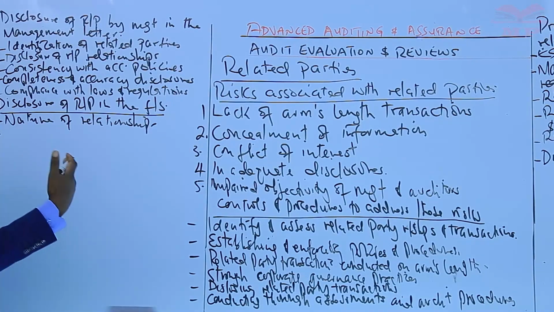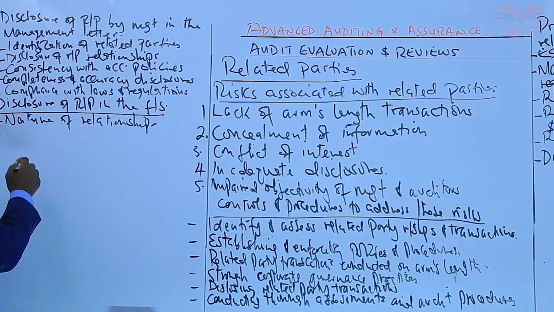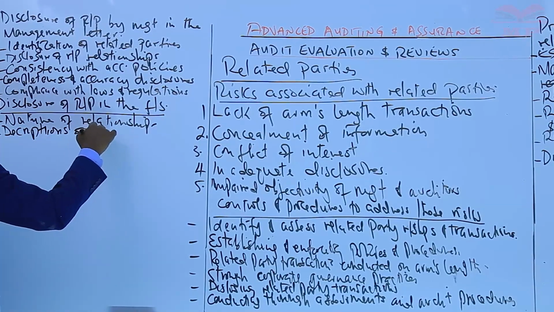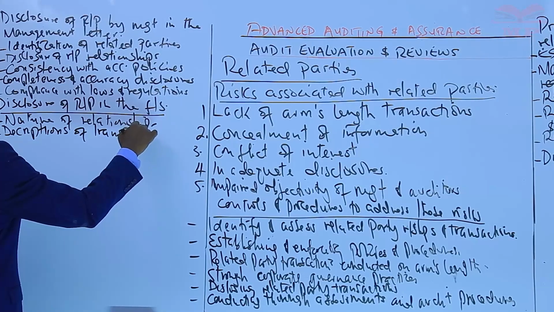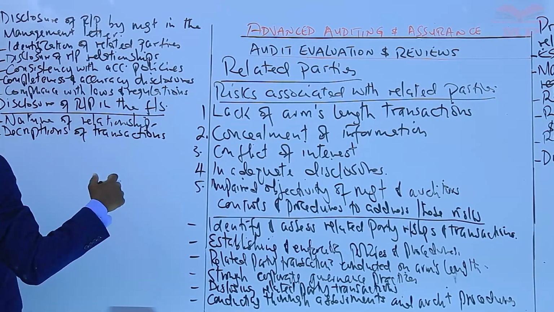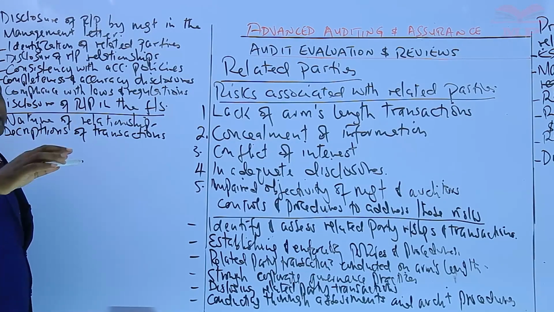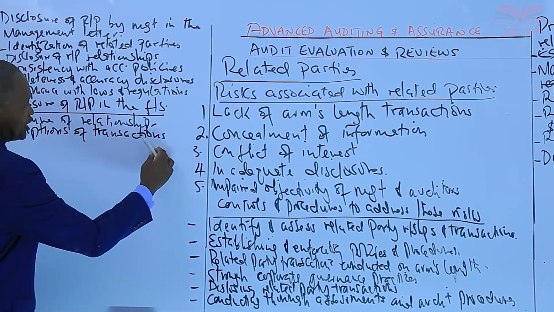Then there is the description of transactions. The first point is in relation to relationships. Then there is transactions.